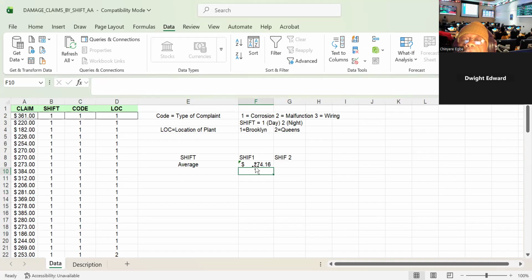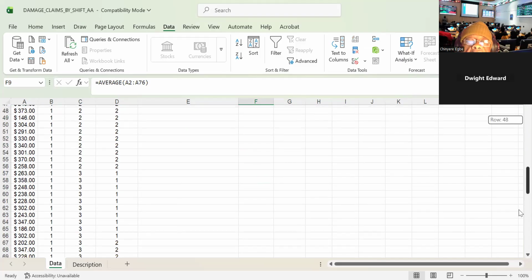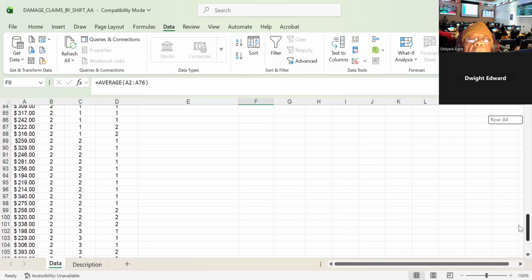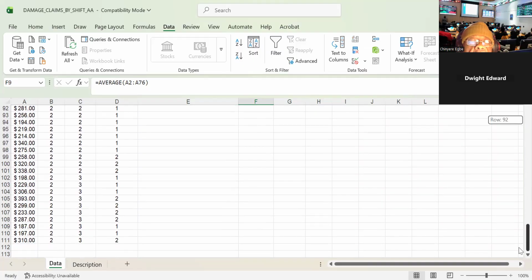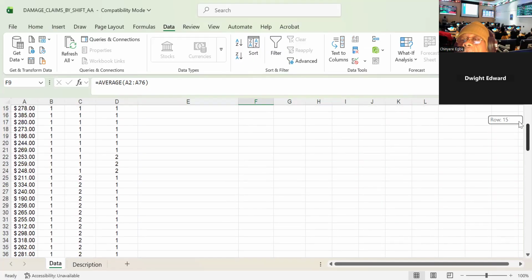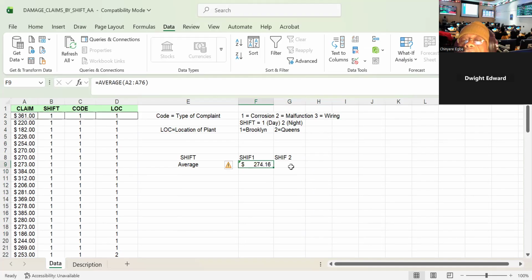So the average for shift 1 is 274, and average for shift 2 goes from 77 to 111. Or can you say it's 368? Am I correct? 268. All right, that's what I like to see.